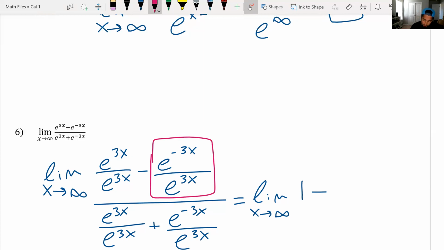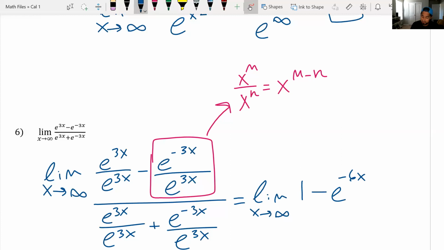So you can use this property, x to the m over x to the n becomes x to the m minus n, which means that e to the negative 3x over e to the 3x becomes e to the negative 6x over 1 plus e to the negative 6x.